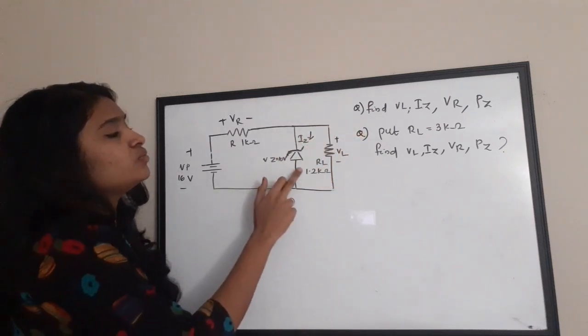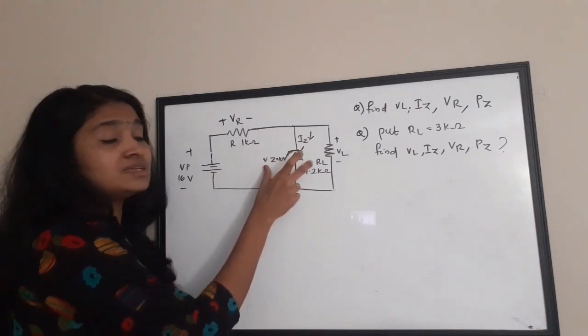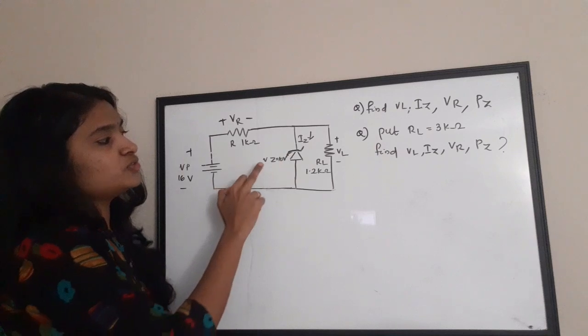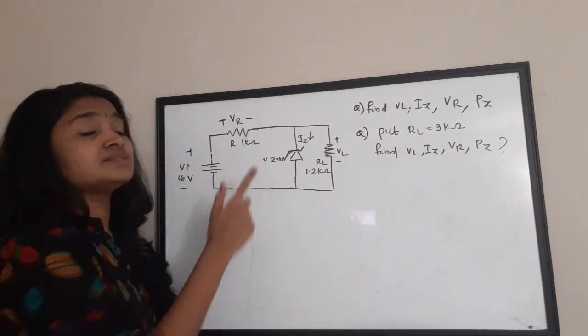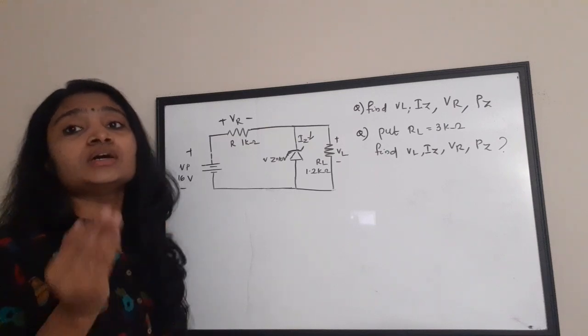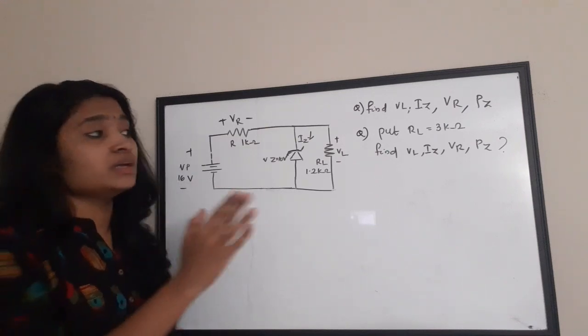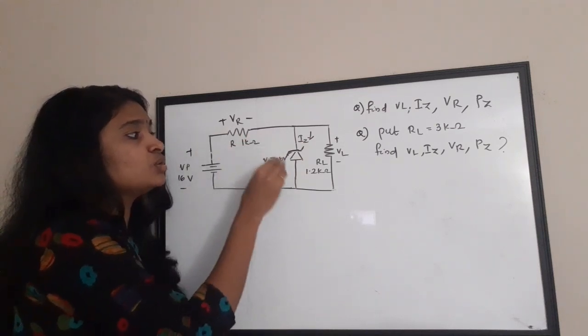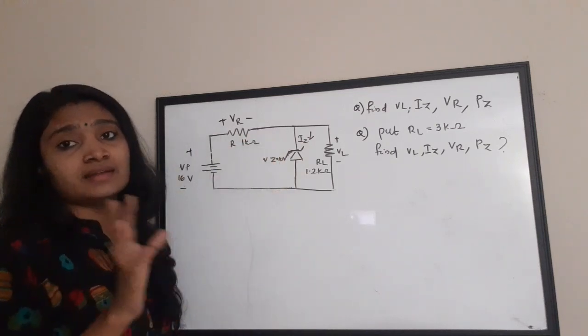So how much voltage is being dropped across this Zener diode? Let us see. Don't get confused with VZ. It is the threshold voltage, meaning that much voltage is needed to turn on the diode. That is not the voltage across the diode. It is just given that VZ is the threshold voltage of this Zener diode.